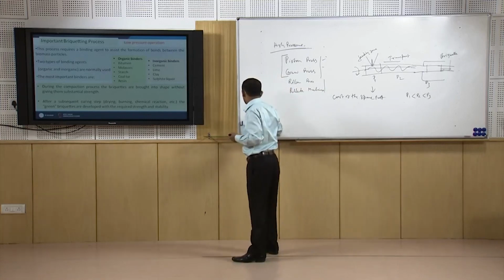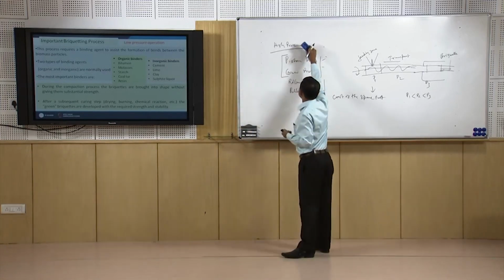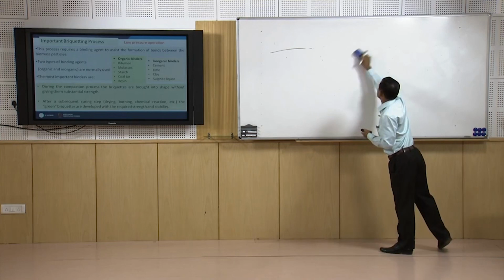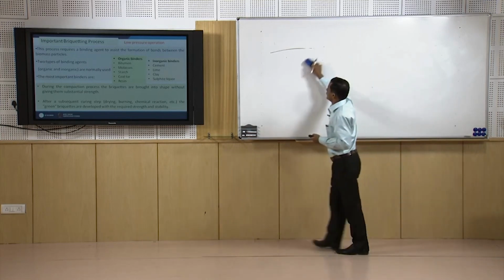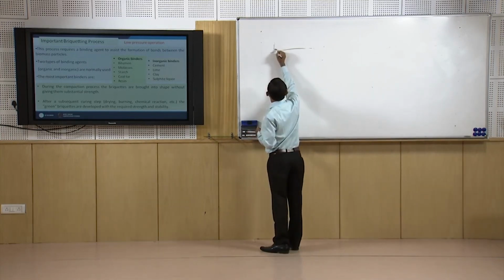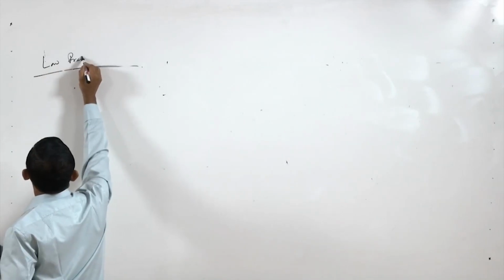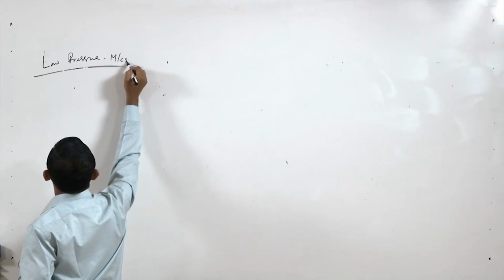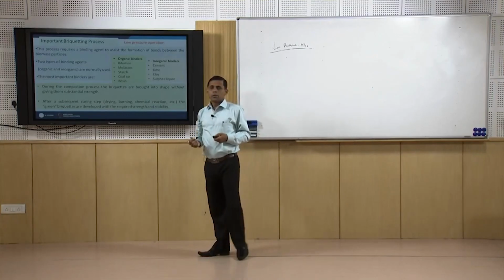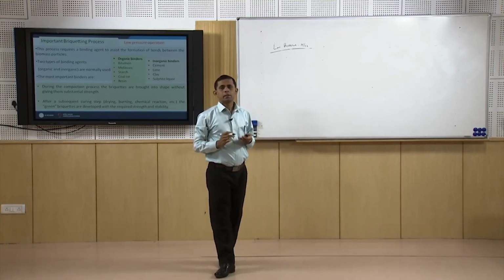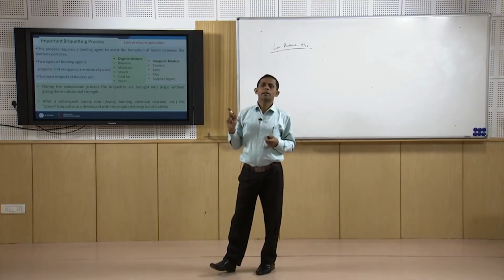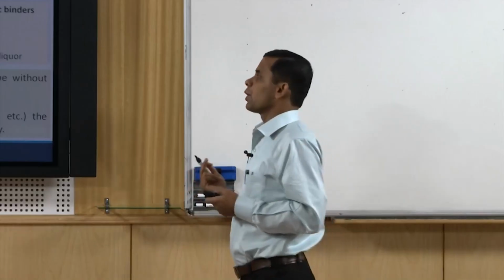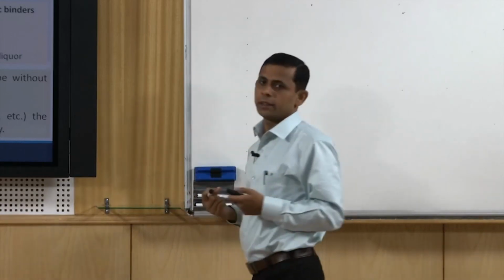But if we think about low pressure briquette formation, then these machines will not be used. For low pressure machines, as we have discussed, we need to add binders, and the binders may be organic or inorganic in nature.